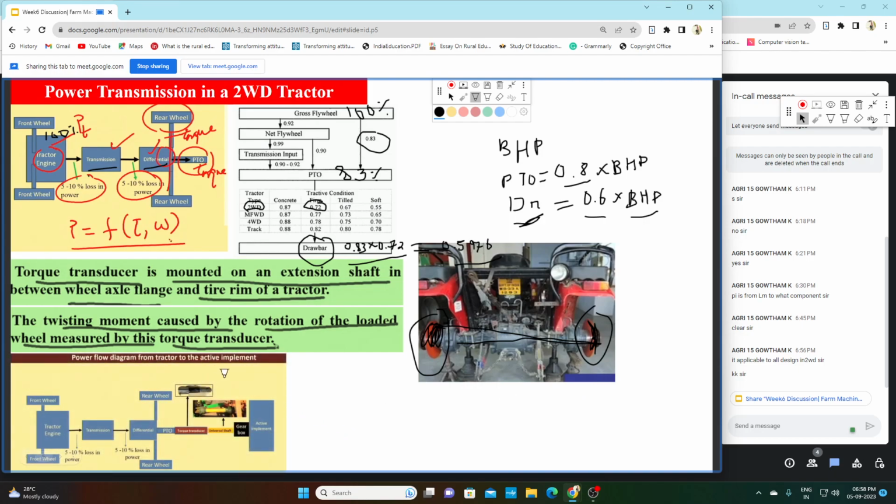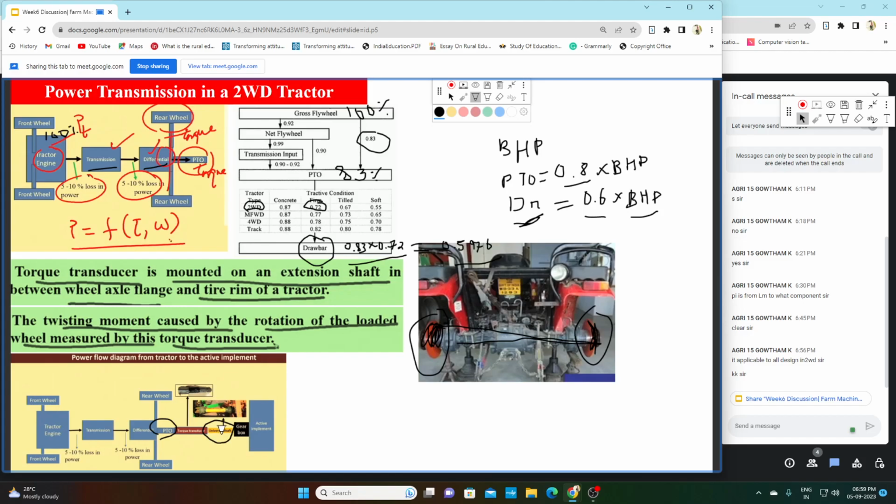Now this is the power flow diagram for an active tillage implement. An active implement means our working element is getting power from the PTO itself. Our rotavator is a type of active implement. In this type of active implement, if we want to measure the PTO torque, we place the torque transducer in between the PTO and the universal shaft.